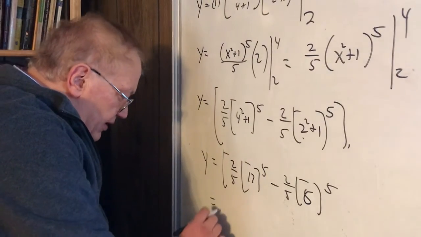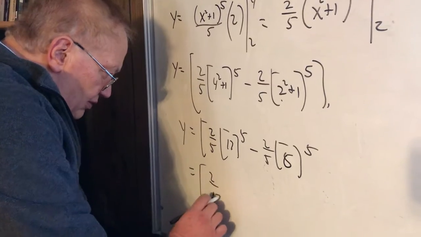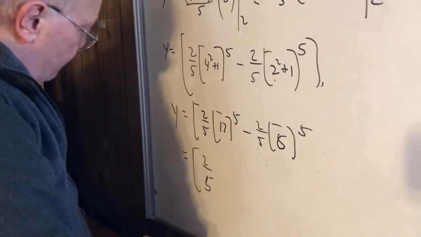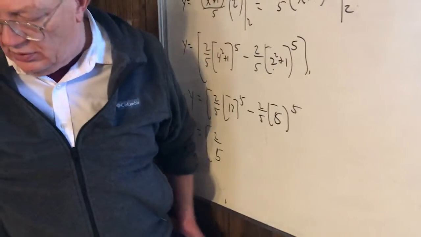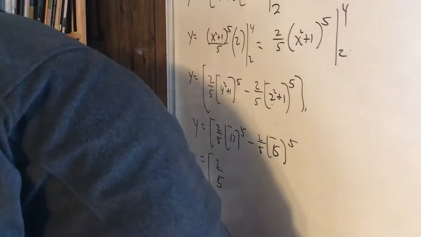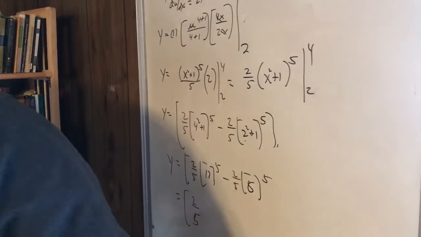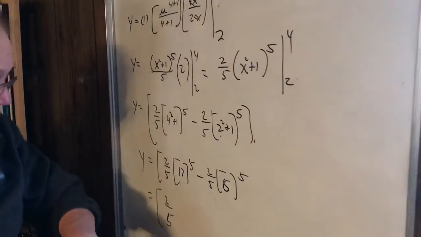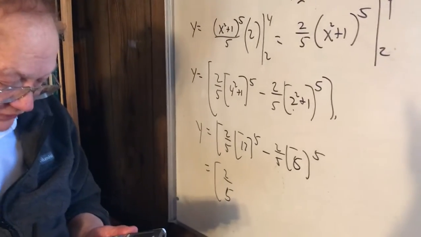Well, that's going to be 2/5 times 17 raised to the 5. Where is my calculator? Oh, there it is. Anyway, we're going to have 17 raised to the 5th.